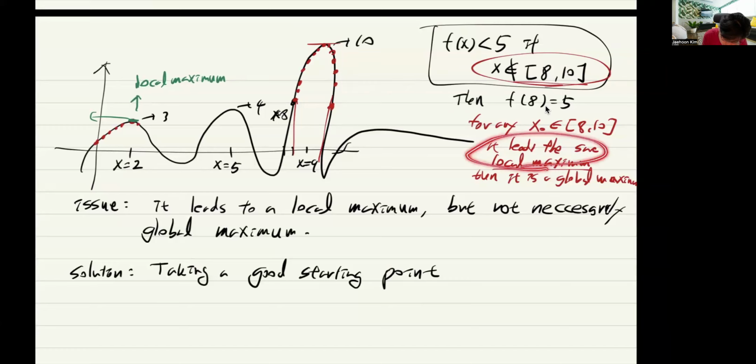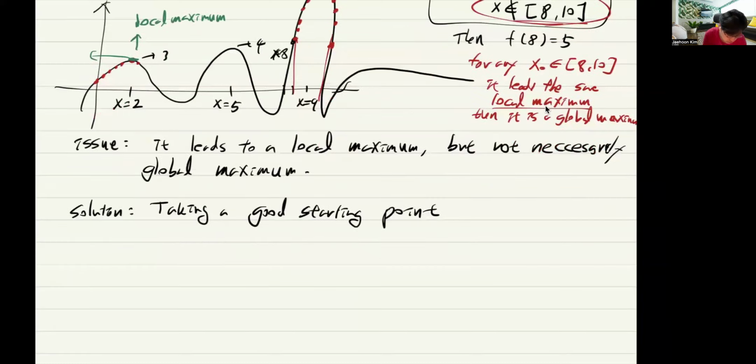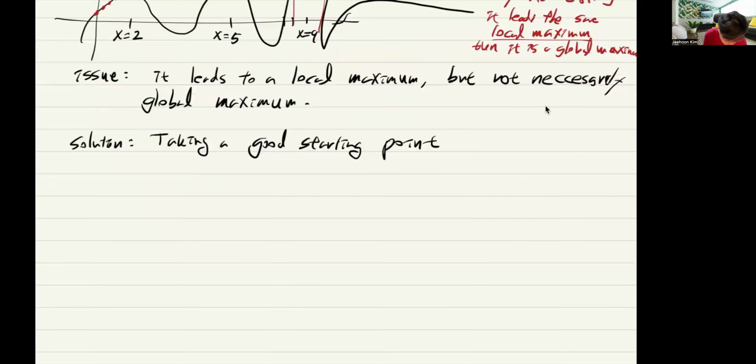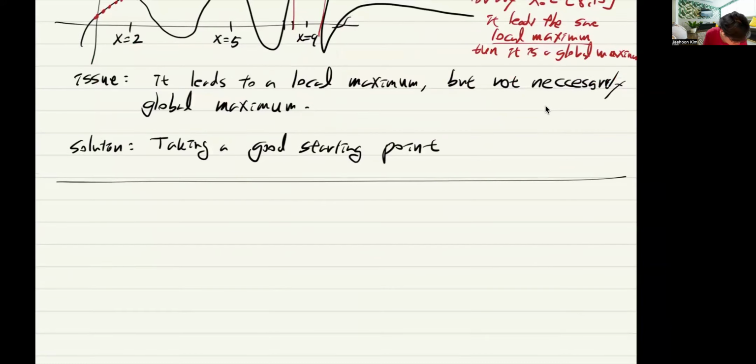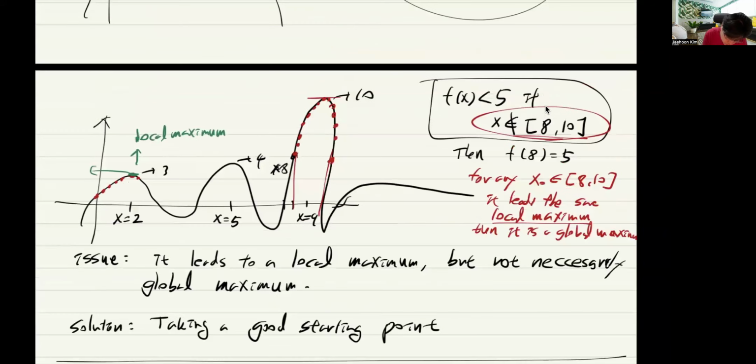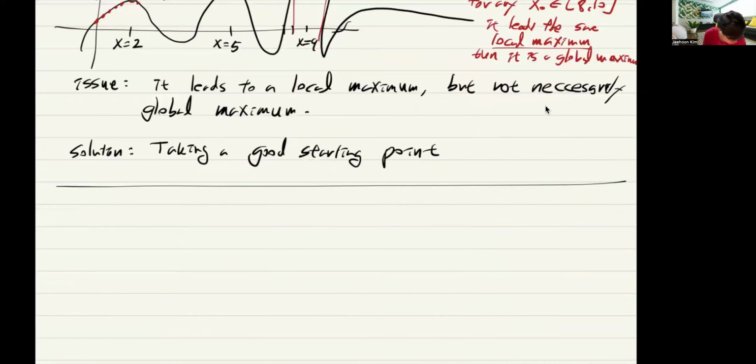Because no matter what point you start from, you get to the same local maximum, which means that it is the local maximum in this interval. And because of this fact, it is then the global maximum. So this is for the stability. So this part is kind of called the stability.